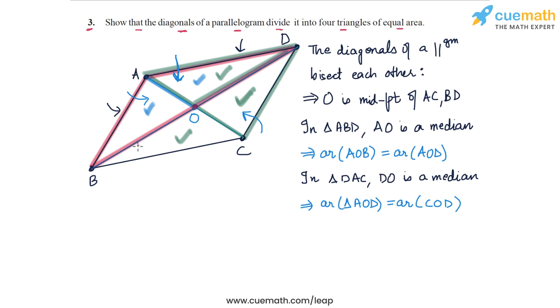And similarly, we could take one more triangle. So for example, we could take triangle CBD. So let me highlight it for you. Triangle CBD, and we could make use of the fact that CO is median for this triangle. So the area of triangle COD will be equal to the area of triangle BOC.